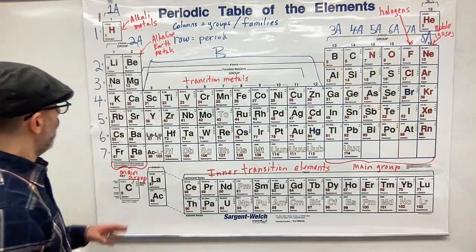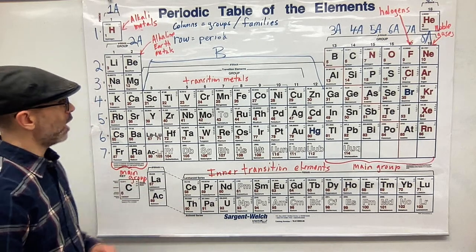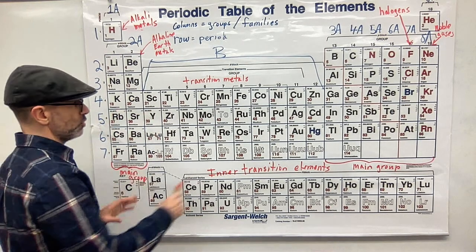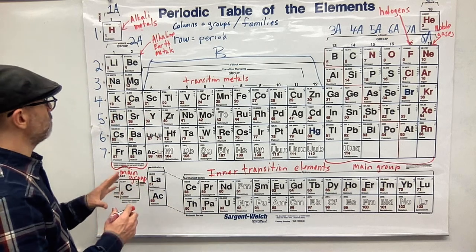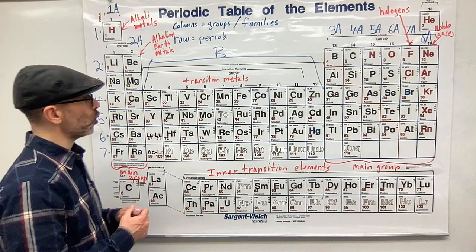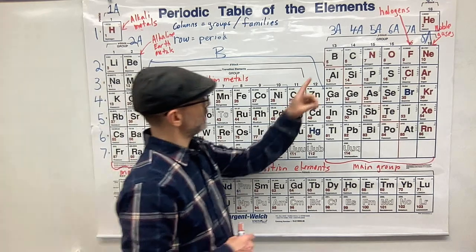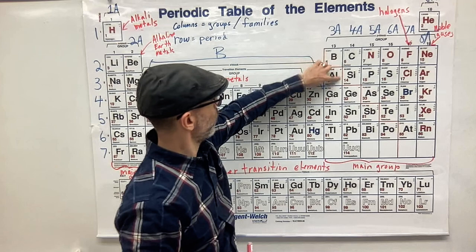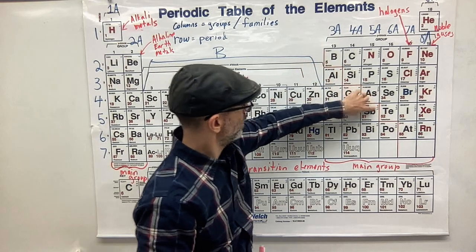Okay. A few more things I want to point out. Another thing as far as grouping goes is the metals, nonmetals, and metalloids. So first thing, I don't know if it's clear on here, but you can kind of see a red stairway line here, right?